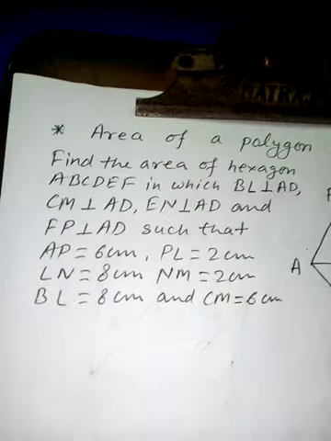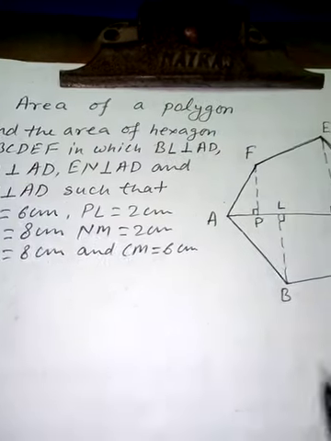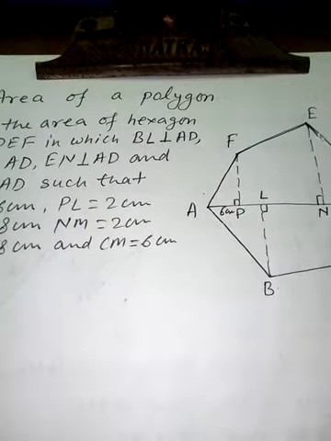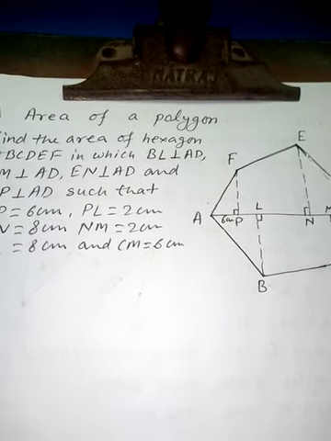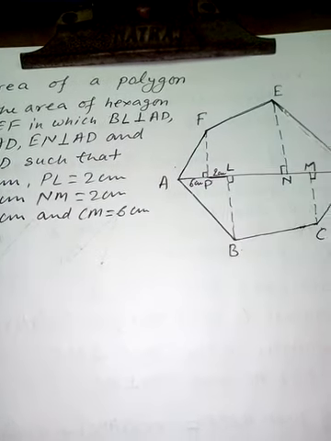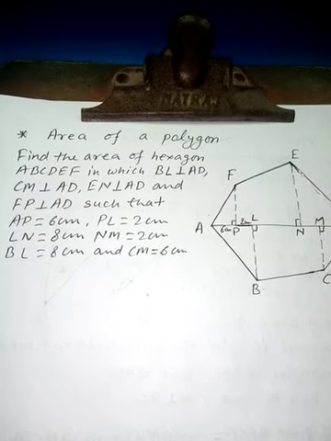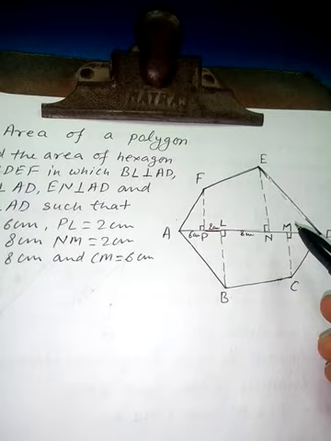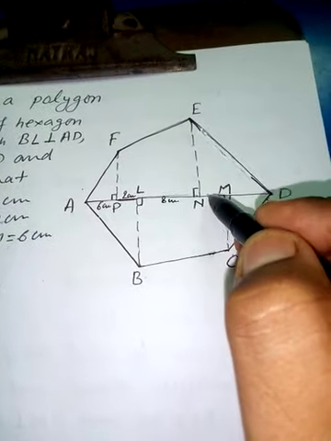Now it is given AP equals 6 centimeter. PL is 2 centimeter, and LN is 8 centimeter. NM is 2 centimeter.